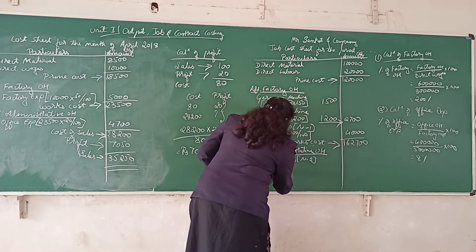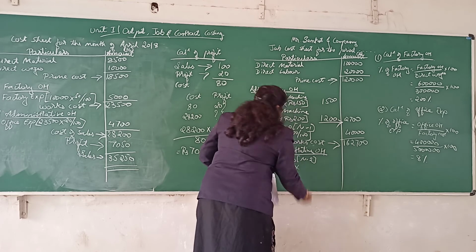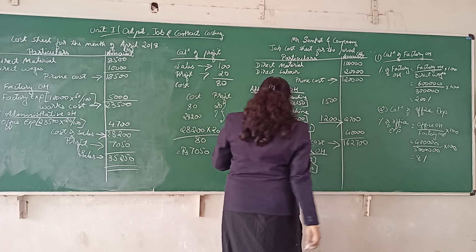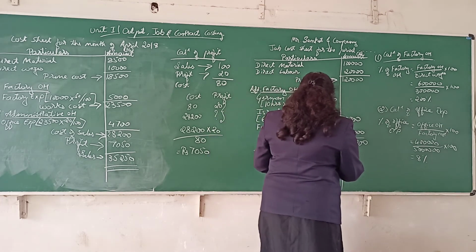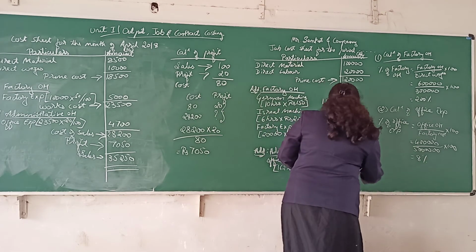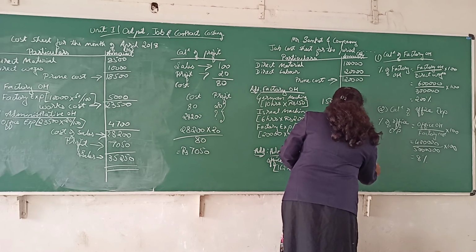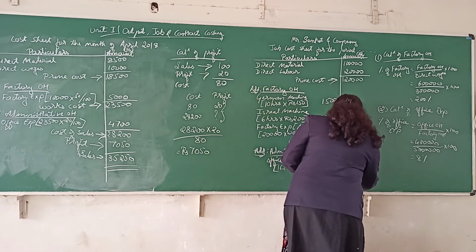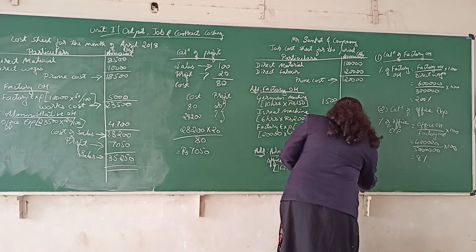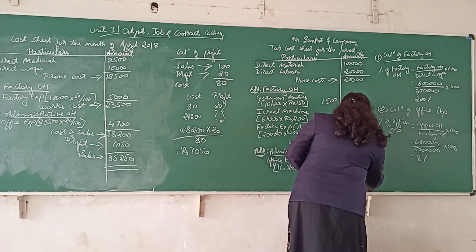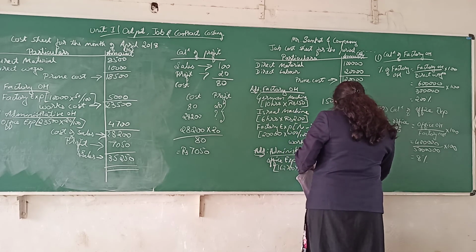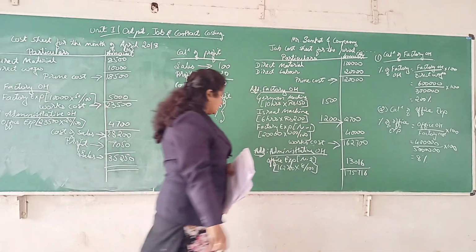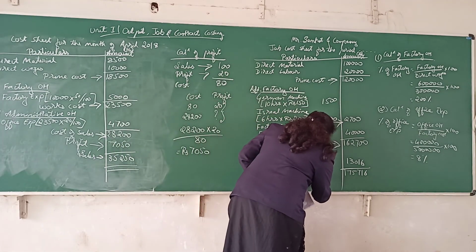So 1,62,700 into 8%. That is 13,016. Make total, 1,75,716. As they have not given selling and distribution overhead, this itself will be called cost of sales.